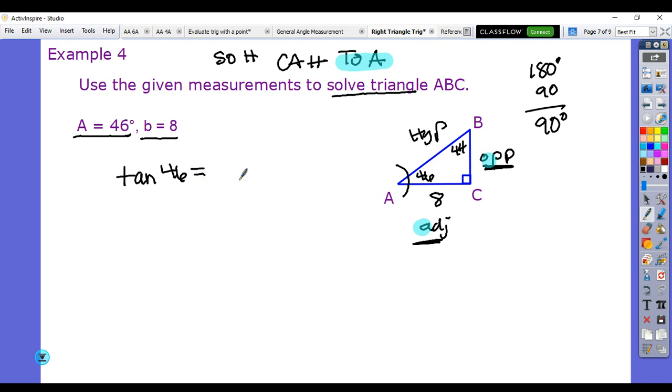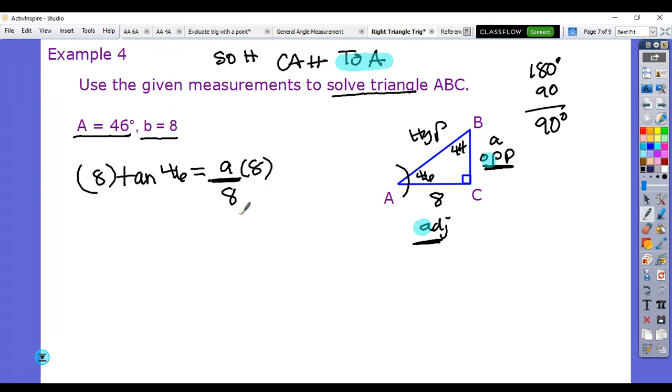It equals, let's not use O because that's going to look like a 0. I'm going to label this A. A is my opposite side over my adjacent side, which is 8. So now I have an equation. If A is being divided by 8, how do I get A by itself?